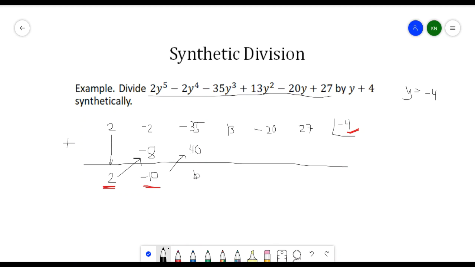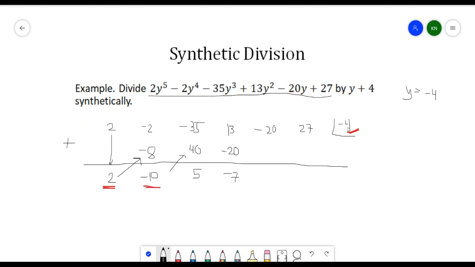So we'll also again write the sum of these two numbers here. Now, after we got the sum again, multiply it again with our divisor. 5 times negative 4, that is negative 20. So rewrite that one in the second line. 13 plus negative 20, that is negative 7.